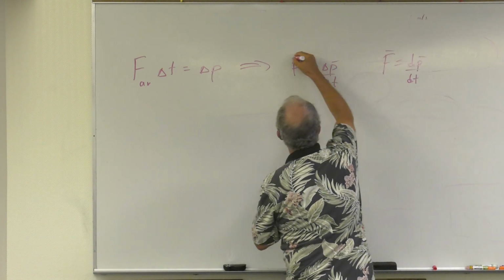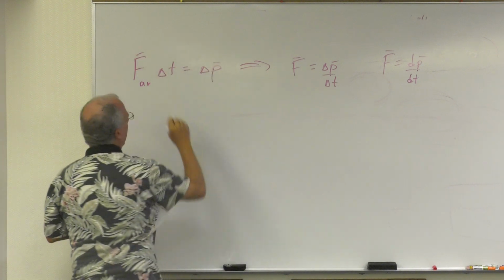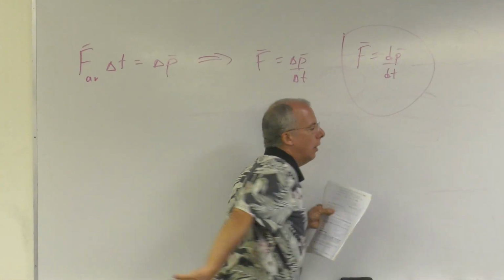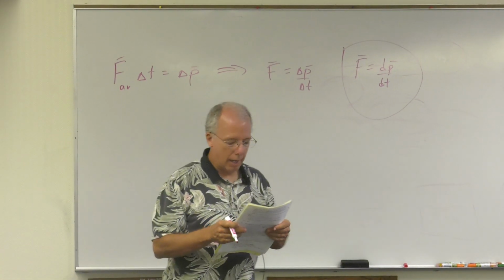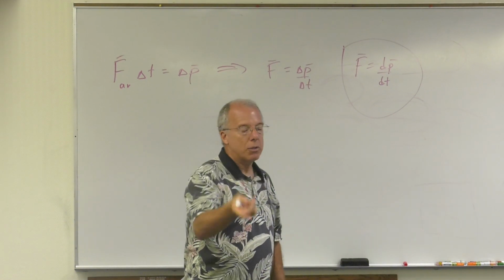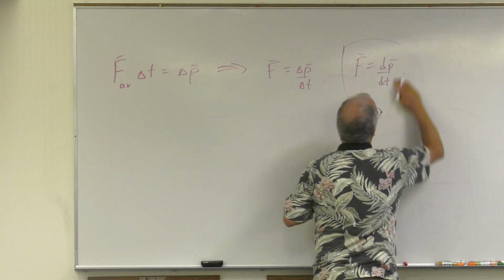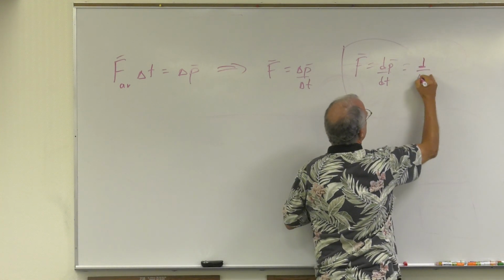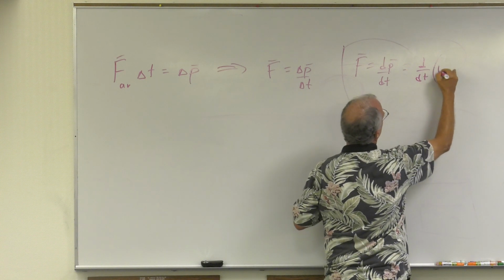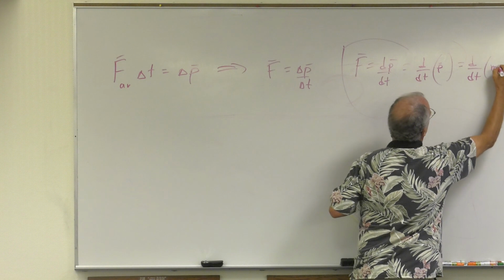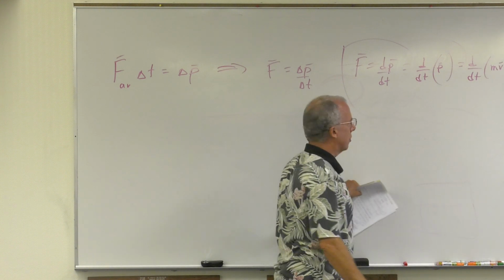I should have vectors over everything, you know. Believe it or not, this is how Newton wrote his second law. He did not write F equals ma. Well, that's okay, because think about it. This is d dt of momentum, of P, which is d dt of mv. Let's say mass is constant.